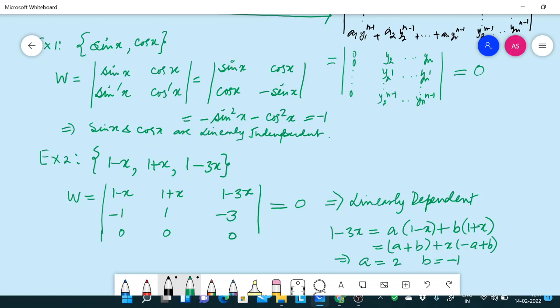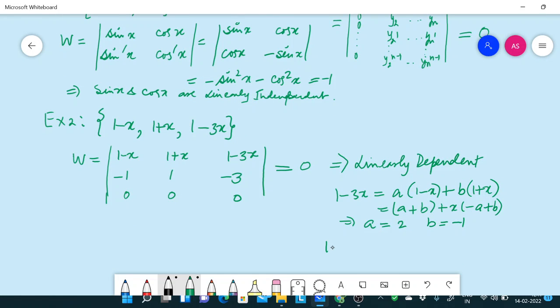This means that we can write 1 minus 3x as 2 times (1 minus x) minus 1 times (1 plus x). So this is 2 minus 1, which is 1, and minus 2x minus x, which is minus 3x.